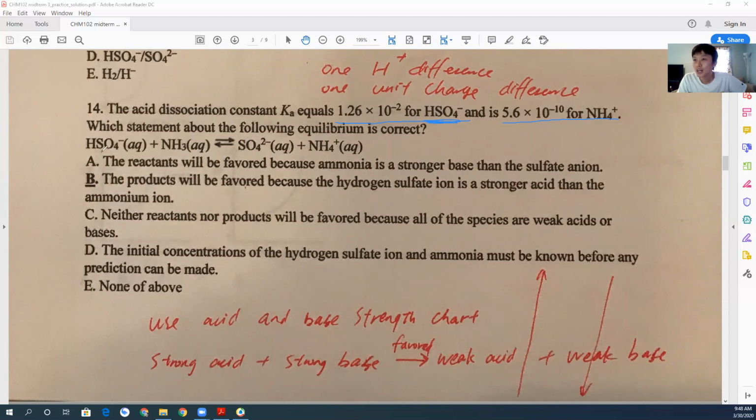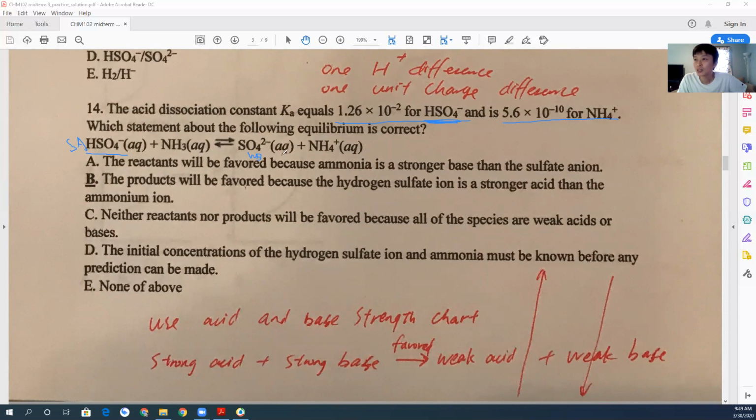That means HSO4 minus is the strong acid. If it is the strong acid, after losing the proton, the corresponding SO4 2 minus is its conjugate base, so that will be the weak base.